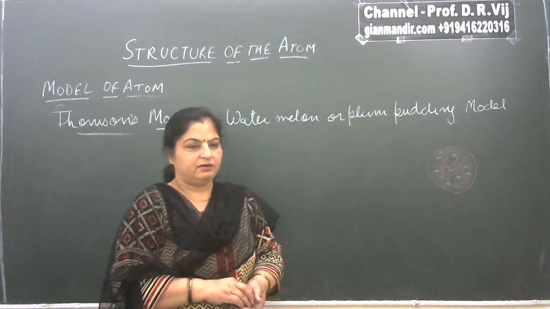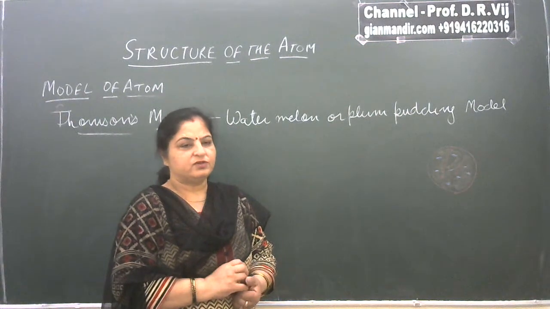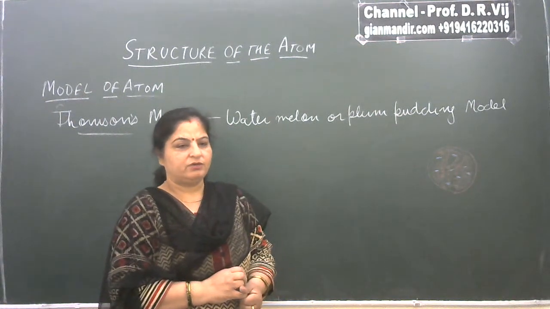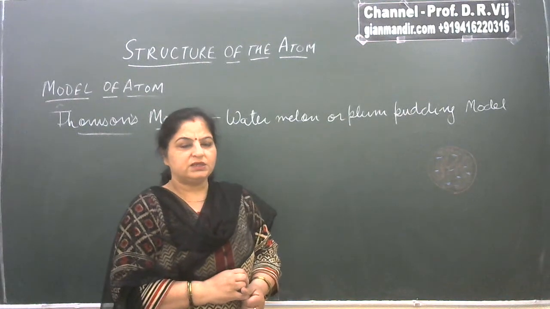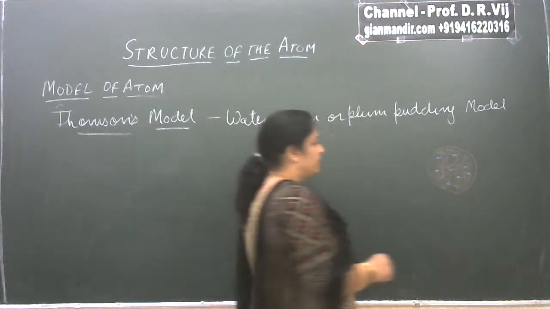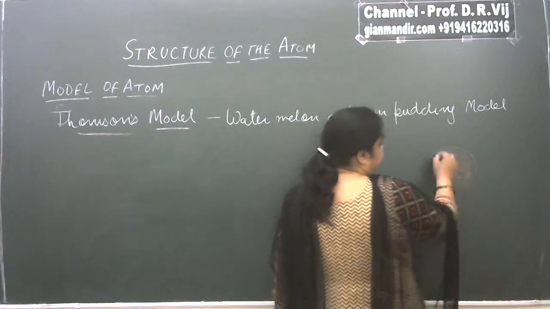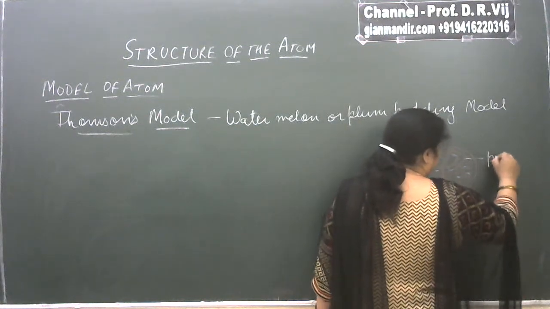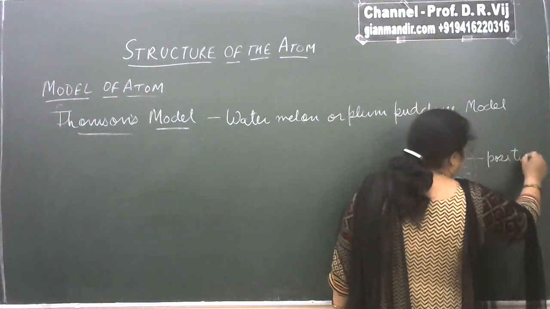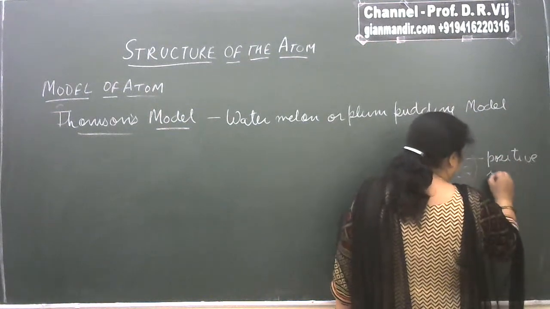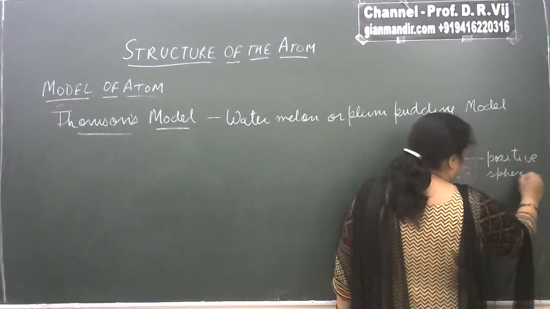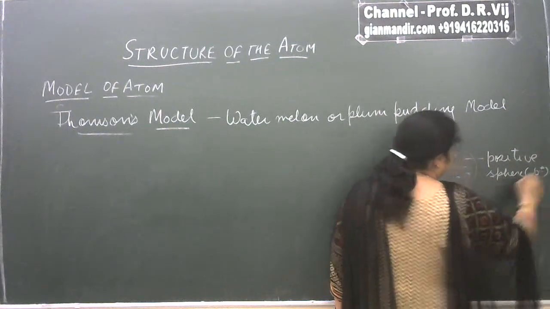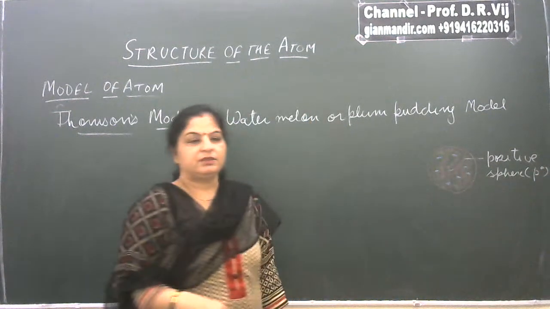Following the same pattern, J.J. Thomson proposed that the model of an atom, or the structure of an atom, is just like that of a watermelon. According to him, the red edible part is similar to the positive sphere, and this positive sphere consists of protons, right?